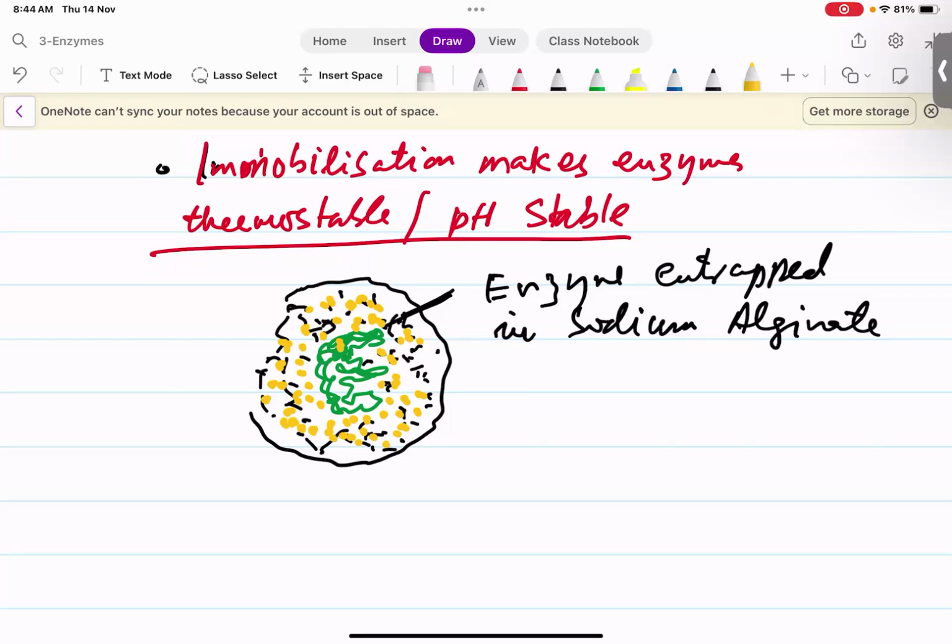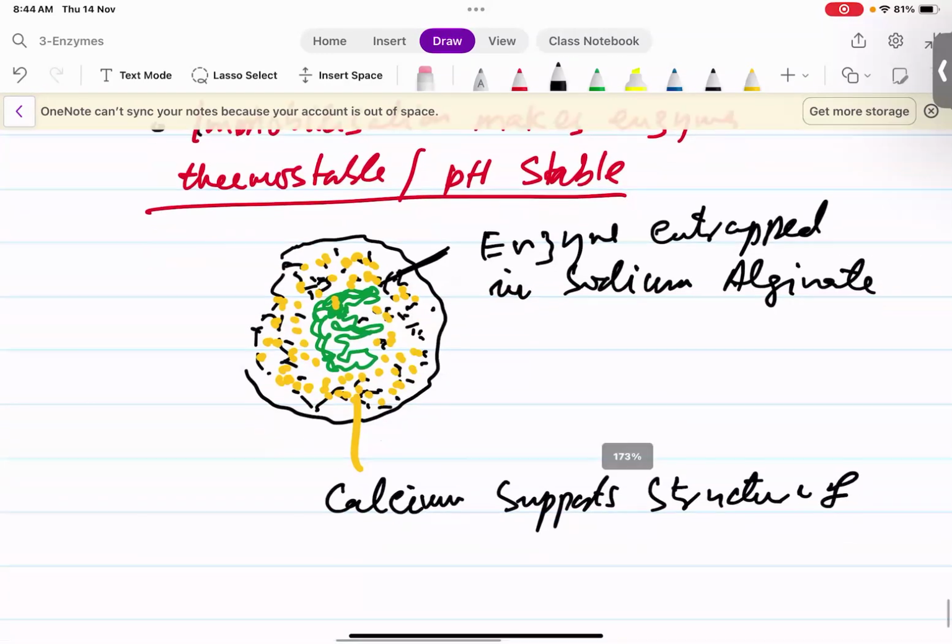So calcium supports, you see, from outside there is a crust-like structure made by the calcium. So calcium supports this structure from outside. Calcium supports structure of enzymes.